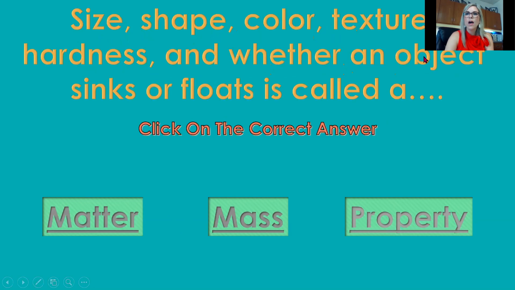Size, shape, color, texture, hardness, and whether an object sinks or floats is called matter, mass, or property? We talked about this when you looked around where you're sitting. You picked different objects, and we talked about the texture, color, and shape of them. What were we describing there? Describing their property. Good job.